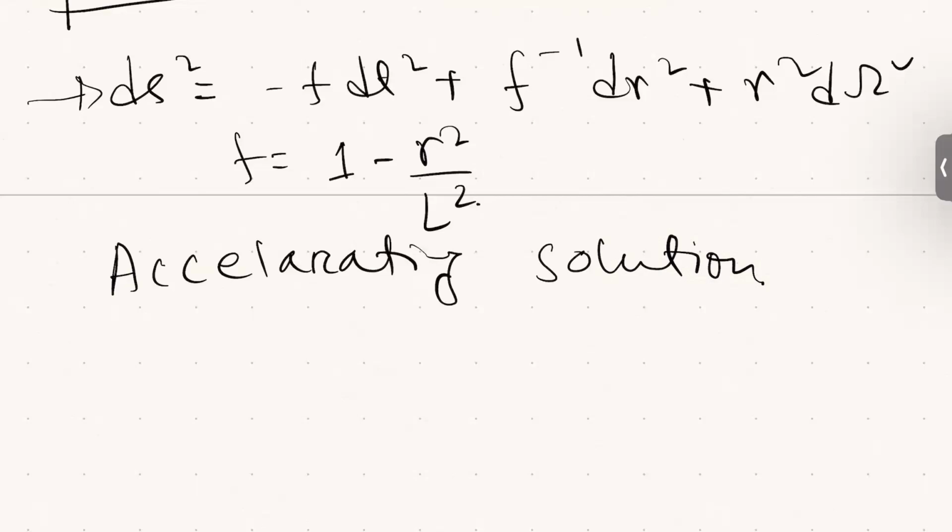So we know that our universe at this present moment is accelerating, right? So maybe de Sitter space is a candidate for the accelerating universe.